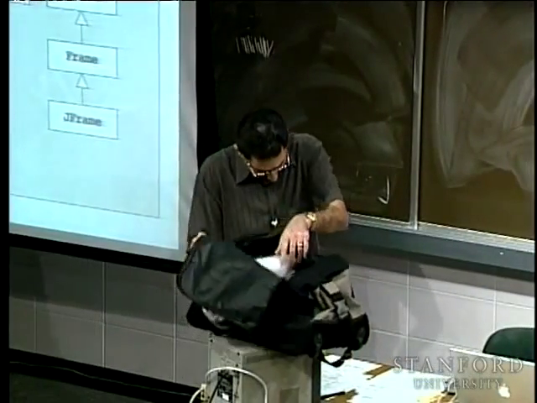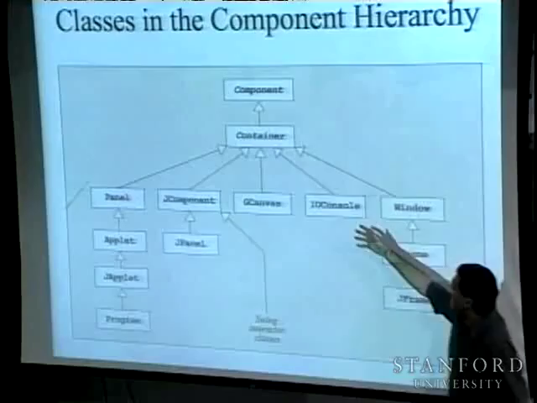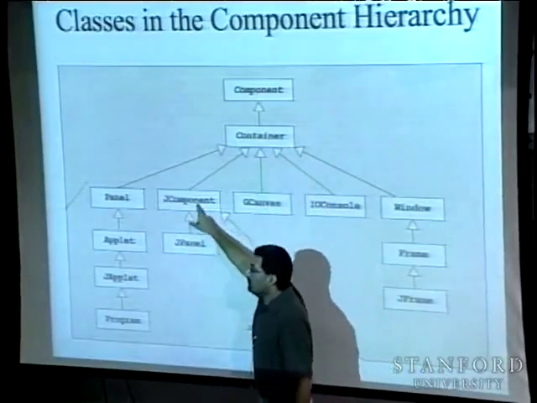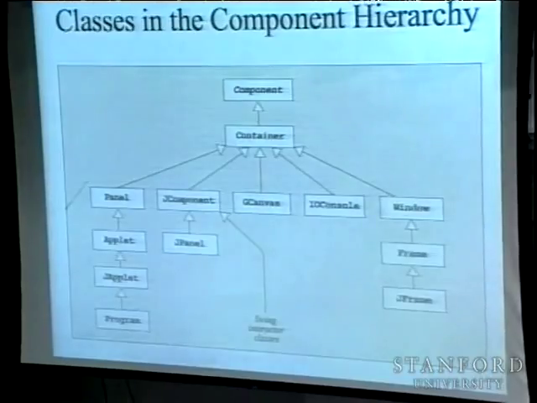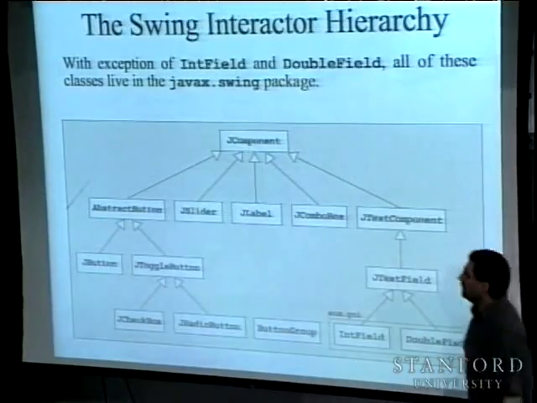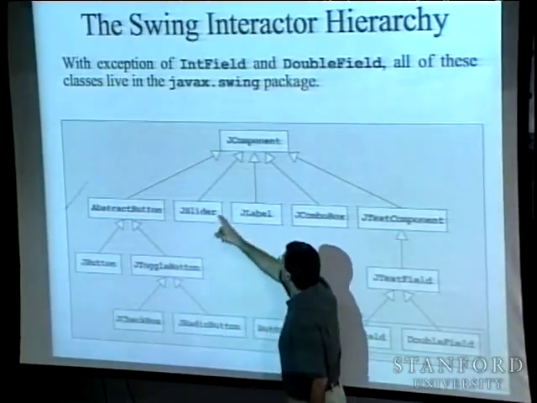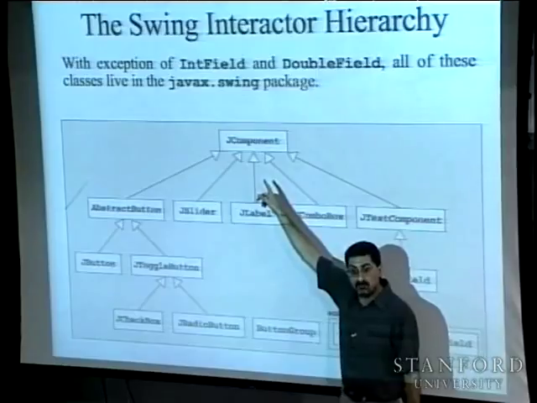Okay? Now the thing you want to think about is, as I just mentioned, your programs are actually components and containers. GCanvas is a container and a component. But the components that we talked about before, JComponents, like our friend, say, JButton, you actually saw this slide a couple classes ago, JButton or JLabel or JComboBox, all these things you saw before are actually JComponents.